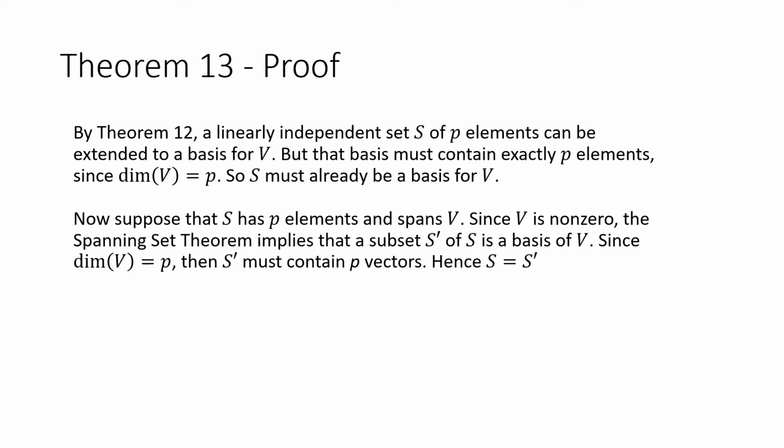So you can't do that. As soon as you add something else in, it becomes linearly dependent. So it's as big as it can get, it has to span. So there can't be anything in there that it doesn't span. If there were something, you could add it in and get a bigger set of linearly independent vectors, but you can't do that. So it has to be the span, therefore it has to be the basis.